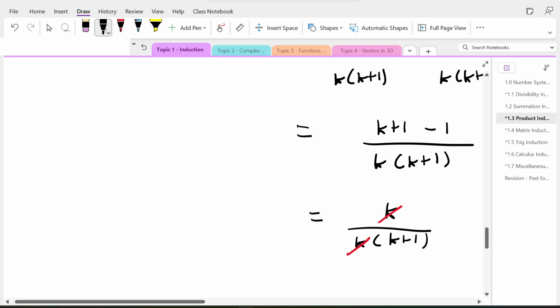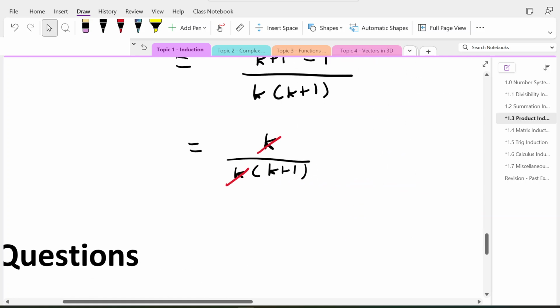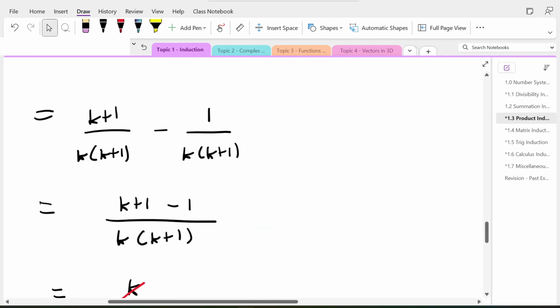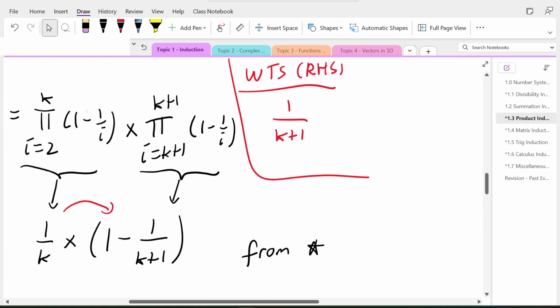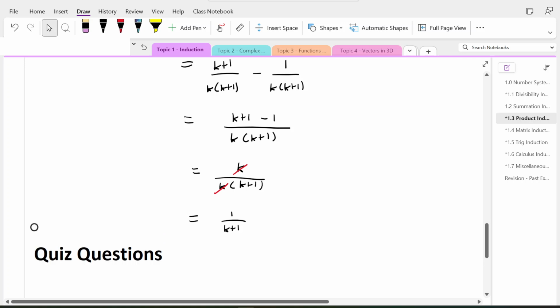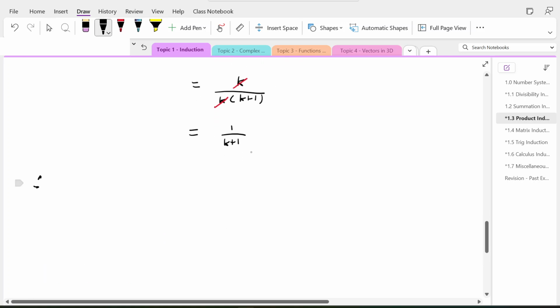And then that's brilliant news because that actually gives us what we want. What you're left with on the top is just 1 after the k's have cancelled off, and k plus 1 on the bottom. This is the exact same as our want to show up here, which is brilliant news for us. So we can finish off our induction proof. Therefore, Pk plus 1 is true.